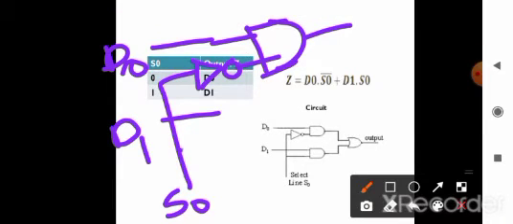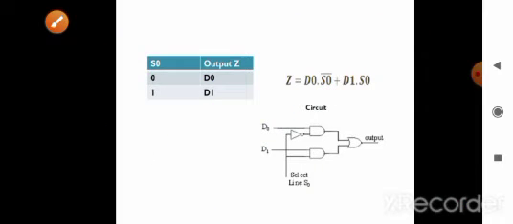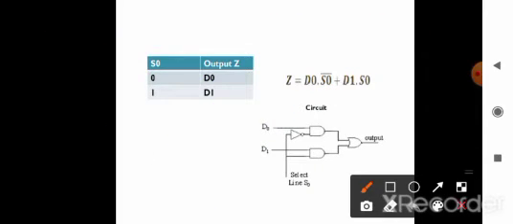So here we can take by using the AND gate, one more AND gate here, and give it to the OR gate. So this is nothing but the realization of this equation by using the AND OR gate. By AND OR gate you can realize this equation.